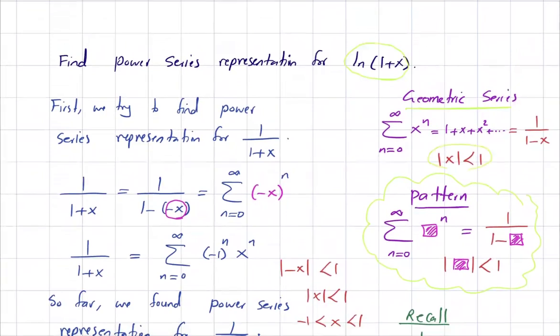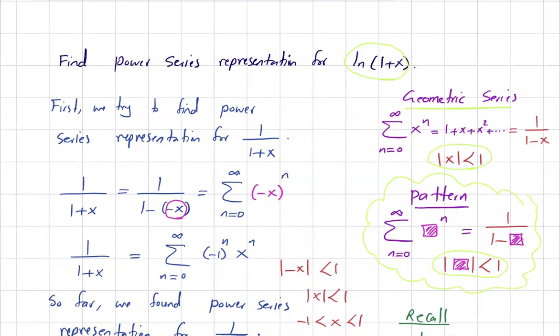As long as the absolute value of x is less than 1, it converges to 1 divided by 1 minus x. We have a pattern here. The pattern says the summation of any quantity to the power n, as long as the absolute value of that quantity is less than 1, converges to 1 divided by 1 minus that quantity.